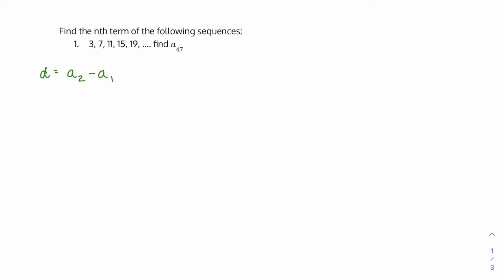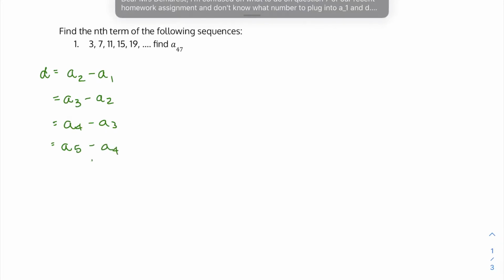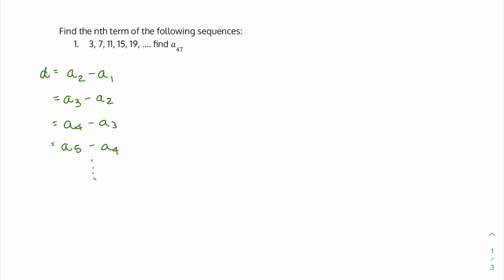For it to be arithmetic, that has to be equal to A3 minus A2, and A4 minus A3, and A5 minus A4, and so on and so forth. For it to be an arithmetic sequence, all of these common differences have to be equal.